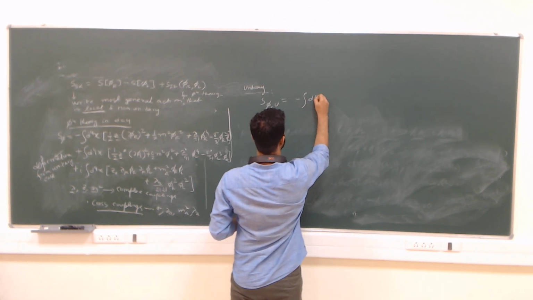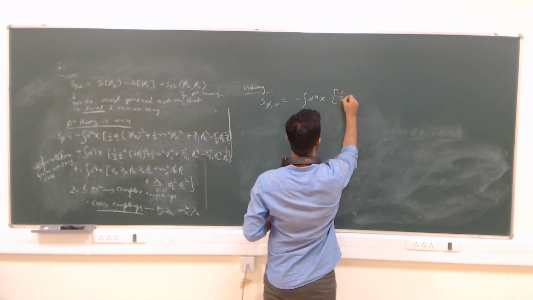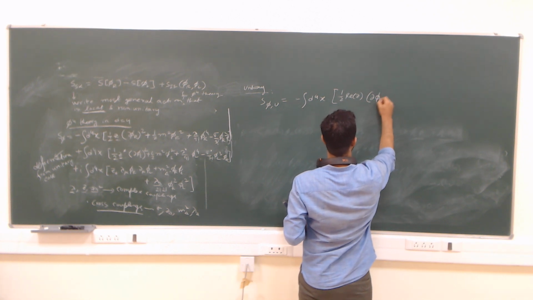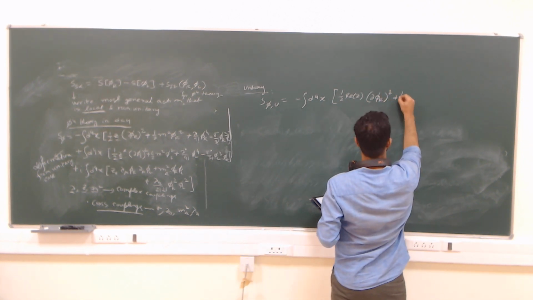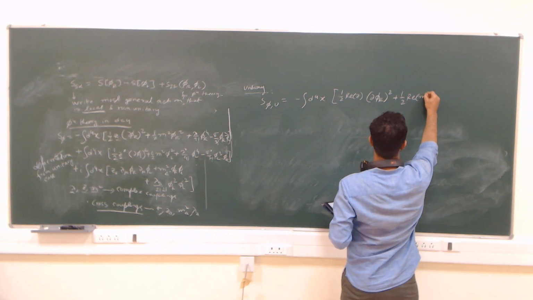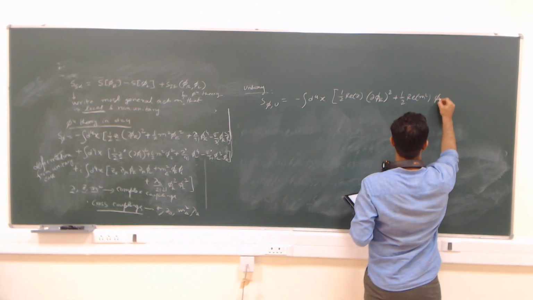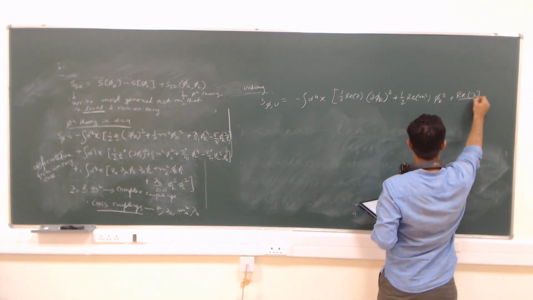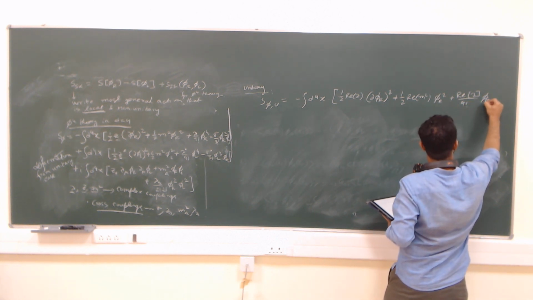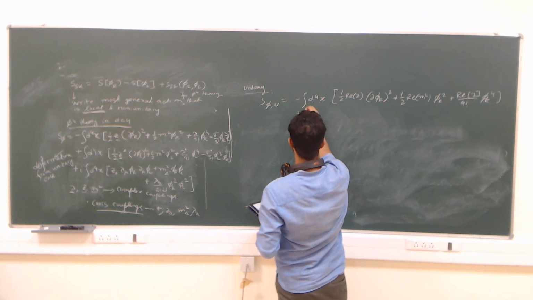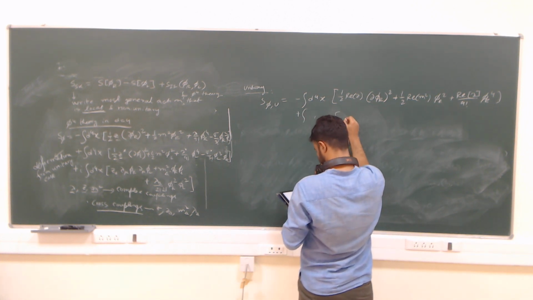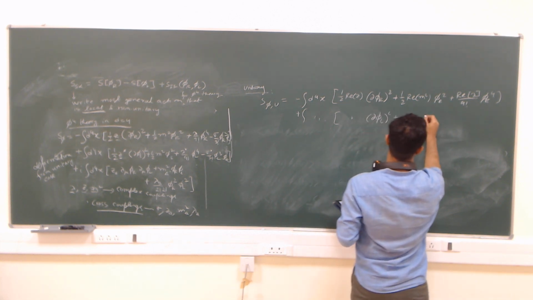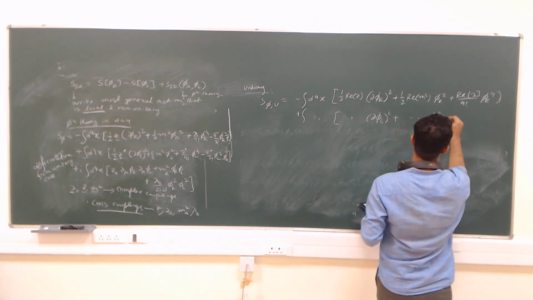That is basically just the integral d4x of one half of the derivative of phi, plus same things, same things, only with phi squared.